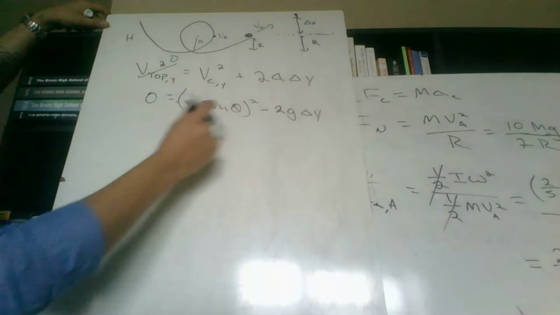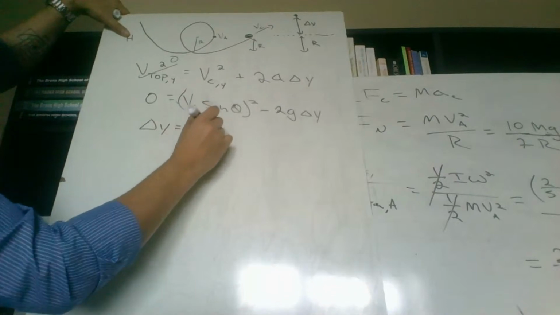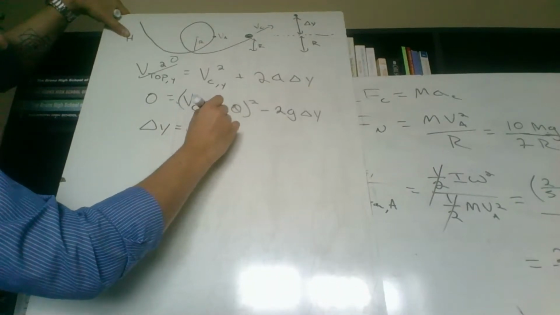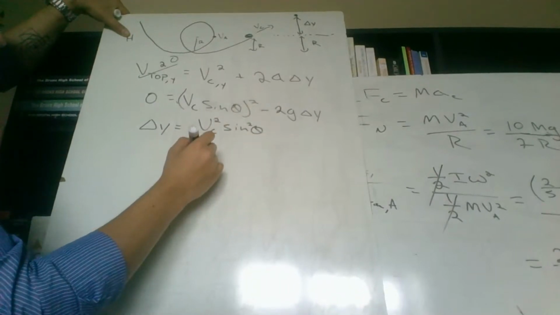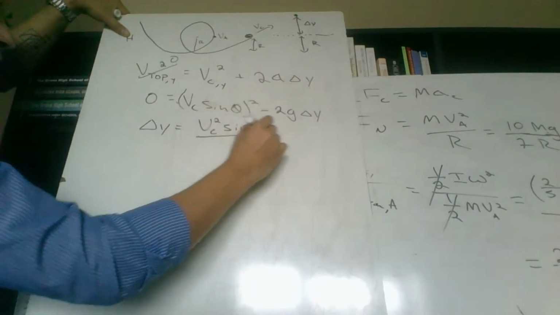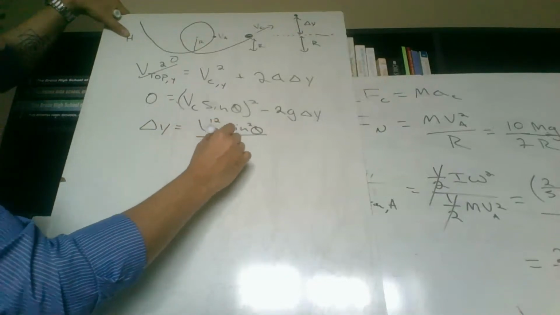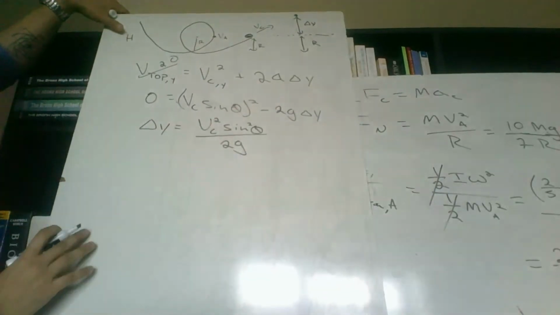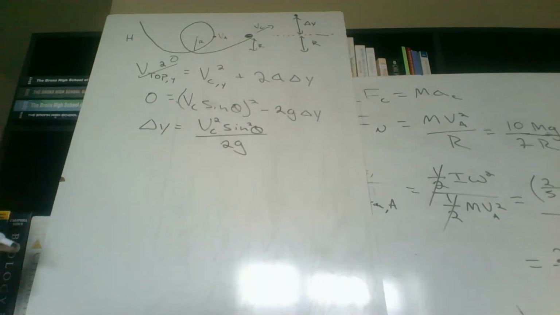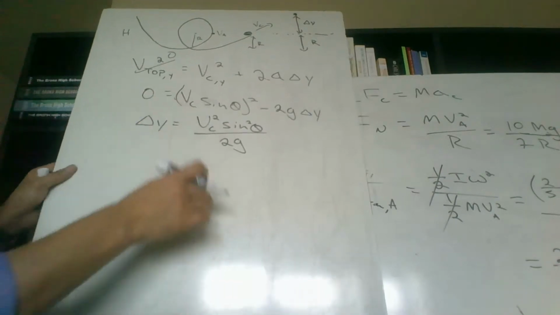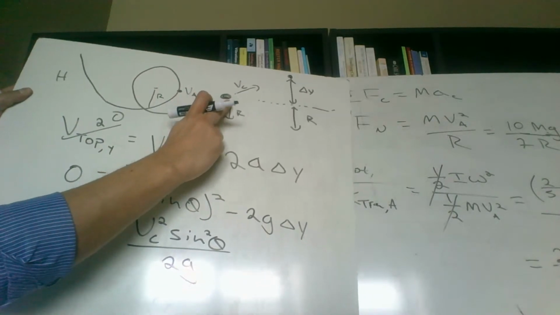Okay. And so we can solve for delta y. Delta y is going to equal vc squared sine squared theta divided by 2g. So we've solved for delta y here. And then from that, you can remember that the velocity here and the velocity here are going to be exactly the same.